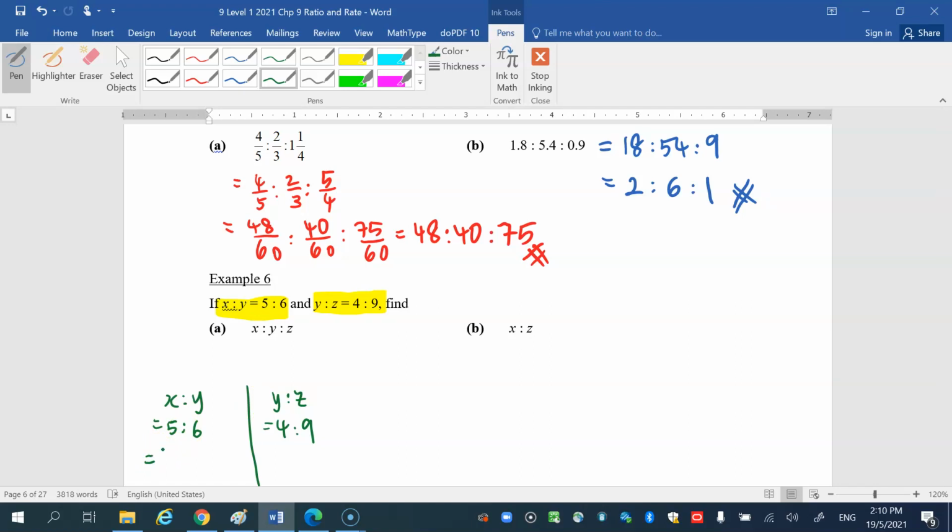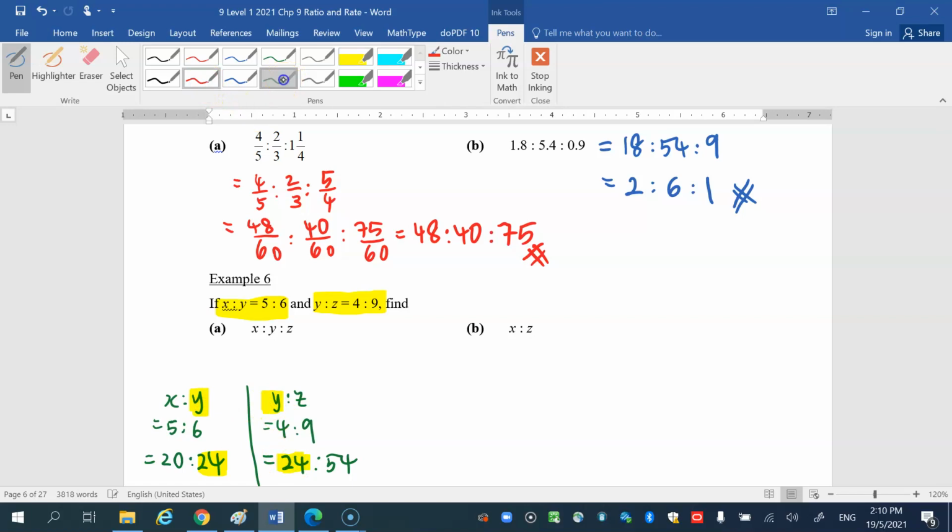So I'm going to find a number that is common to both ratios for y. In order to do that, I realized that I should just multiply the first ratio by 4. So I get 20 is to 24. Then the second ratio, I want to make the y the same. So in order to make 4 into 24, I'm going to multiply by 6. So I get 24 is to 54. Now for both cases, my y is 24.